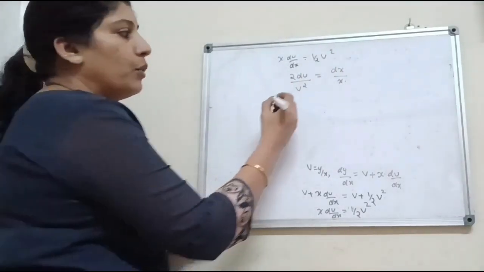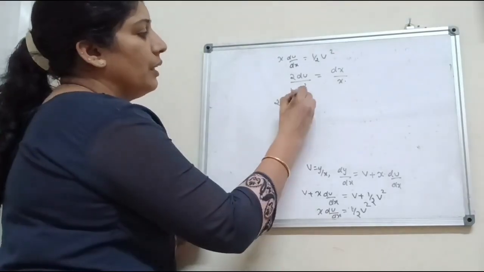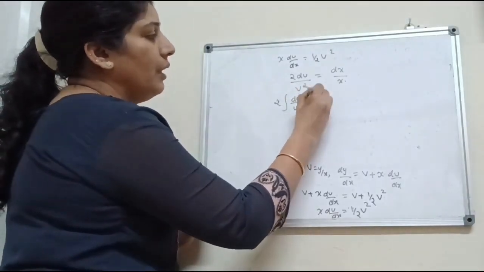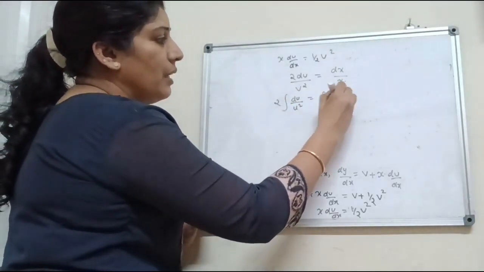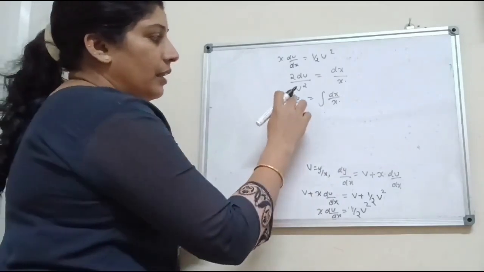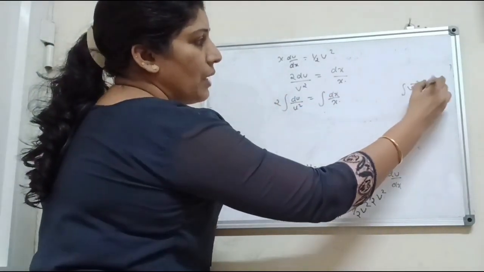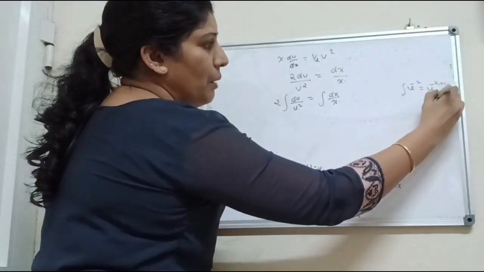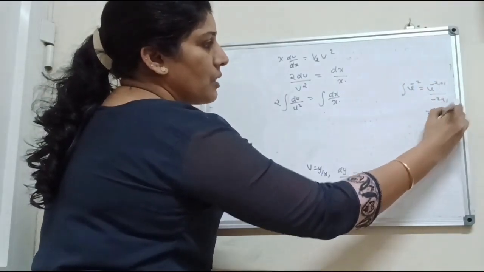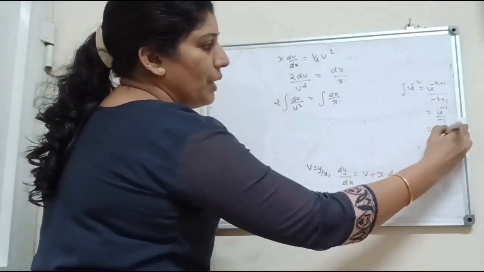Next, integrate on both sides. Therefore, 2 into integral dv by v square equal to integral dx by x. Then integral 1 by v square, that is v raised to minus 2. Integral v raised to minus 2, that is v raised to minus 2 plus 1 divided by minus 2 plus 1, that is v raised to minus 1 by minus 1. That's equal to minus 1 by v.